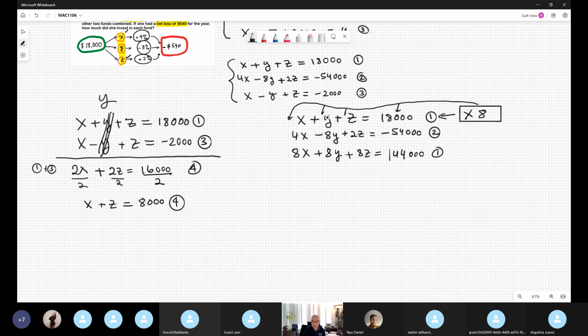So this is equation 1, it's 100% equivalent. And right now you're adding equation 1 plus equation 2. Okay, 4 plus 8 is 12. This cancels, that was my intention. Plus, this is 10, 8 plus 2 is 10.